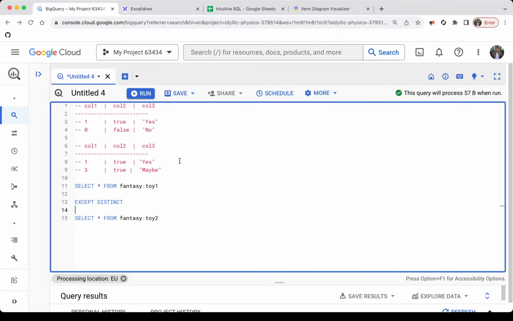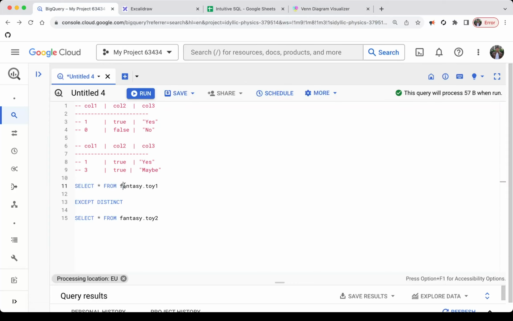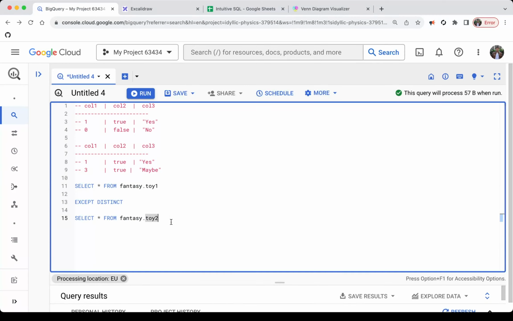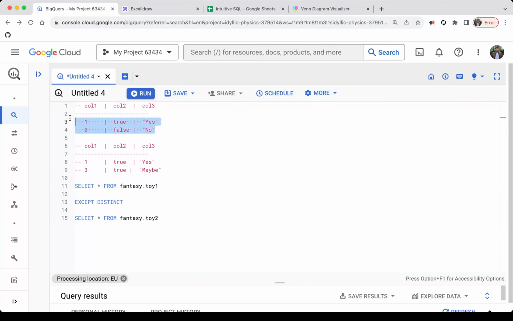I could say, give me everything from toy 1 except distinct everything from toy 2. What this means is that I want all of my rows from toy 1 except the rows that are shared with toy 2.